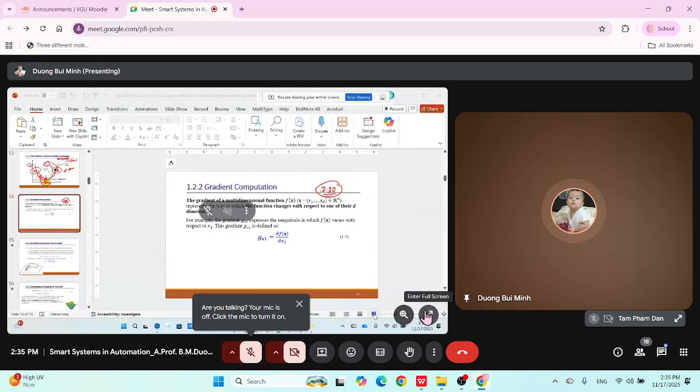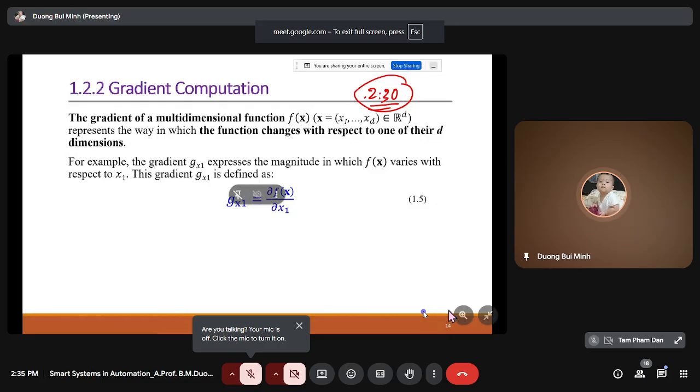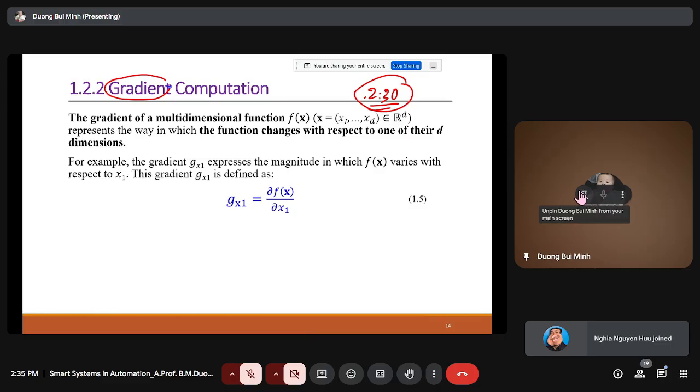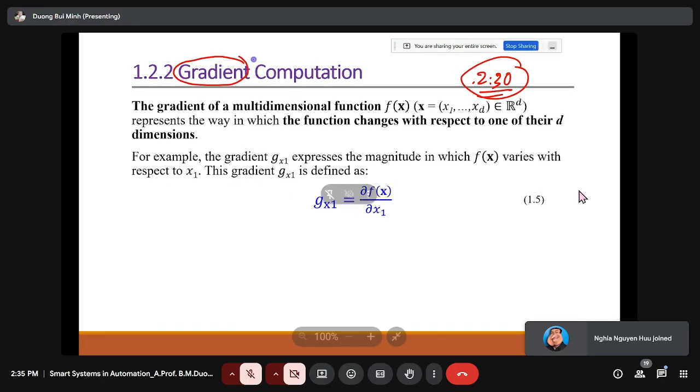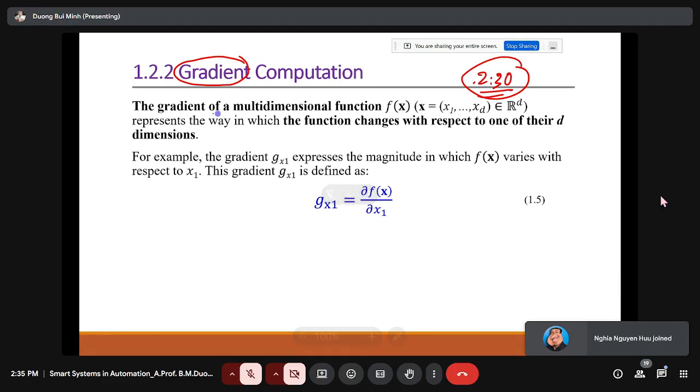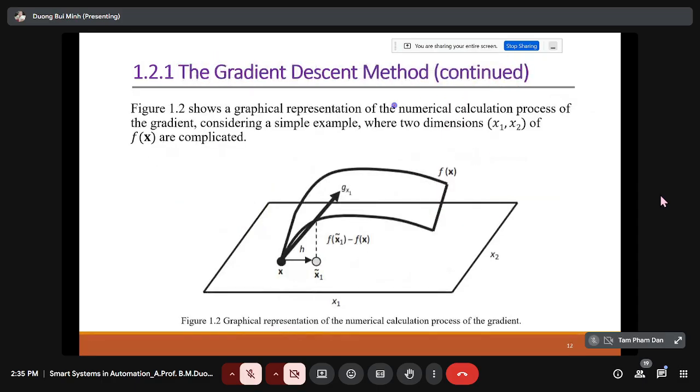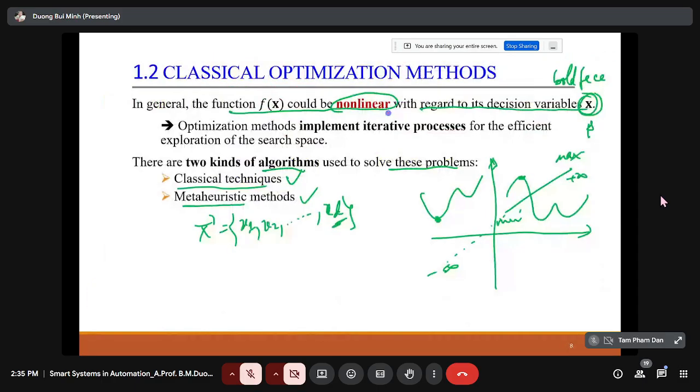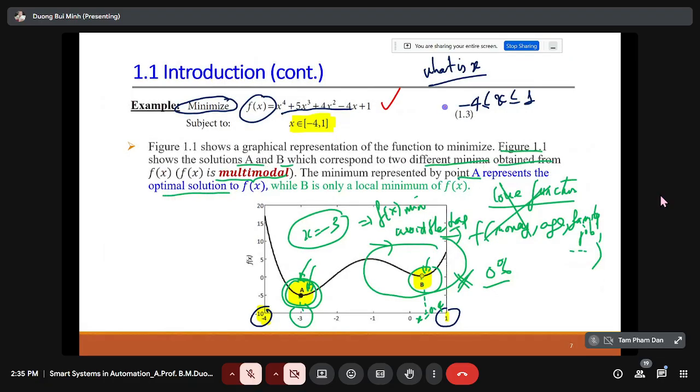So, yeah, we continue to discuss gradient descent methods. But remember, now we have the gradient of a multi-dimensional function. If we go back to this one, this is very easy because the solution only has one dimension, x.